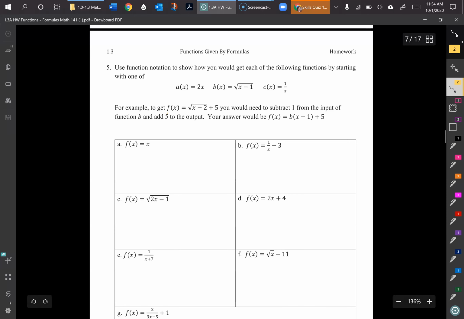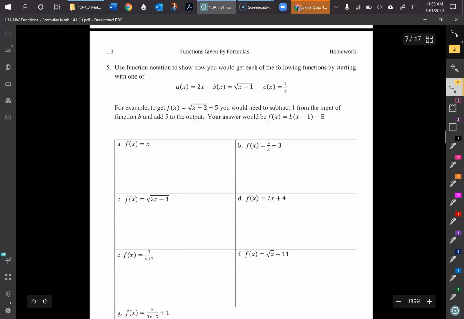For example, to get f of x equals square root of x minus 2 plus 5, you would need to subtract 1 from the input of function b, and add 5 to the output. Your answer would be f of x equals b of x minus 1 plus 5.